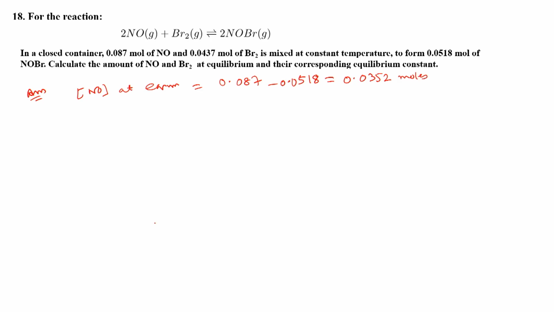Okay, similarly, 0.0518 moles of NOBr will be formed, because 2 moles of NO gives you 2 moles of NOBr. So, 0.0352 moles of NO gives you 0.0518 moles of NOBr, from 0.0518 by 2 moles of Br2.